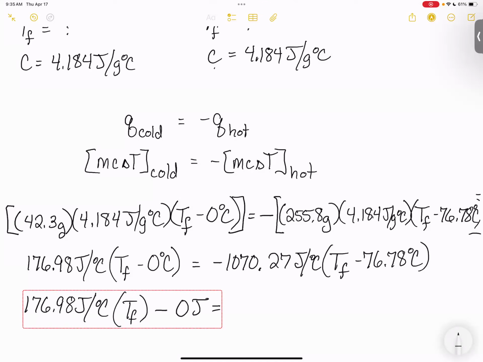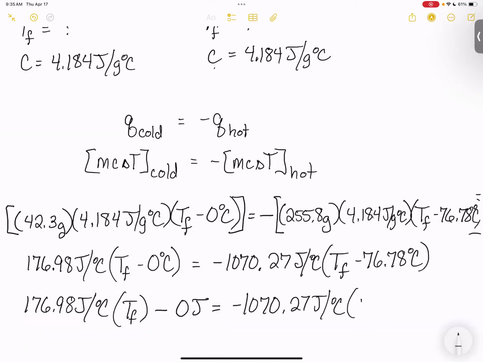I then multiply negative 1070.27 times T final. And I multiply that negative 1070.27 times a negative 76.78.